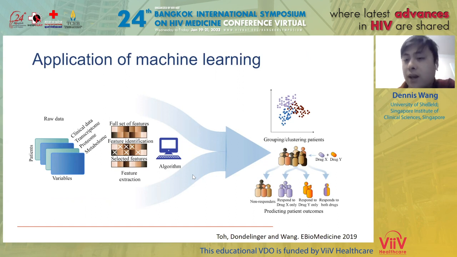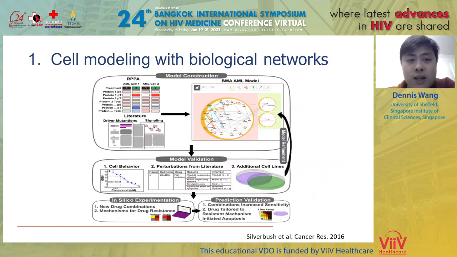One of them could be clustering or grouping patients or samples based on similarities and differences. The other could be labeling the samples based on specific characteristics, like patients that respond to a drug or respond to no drugs.